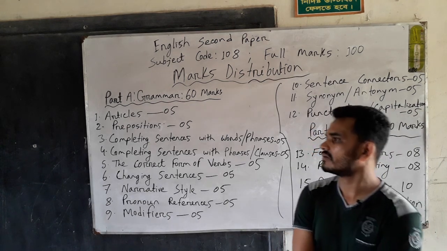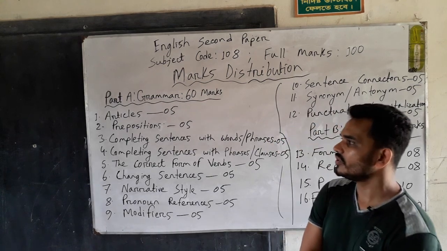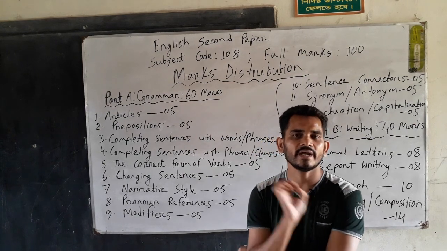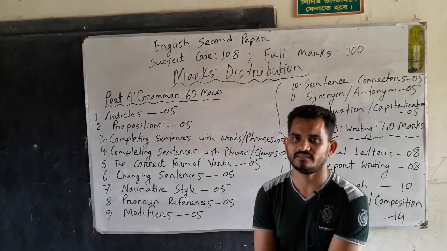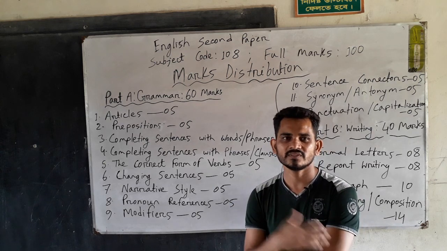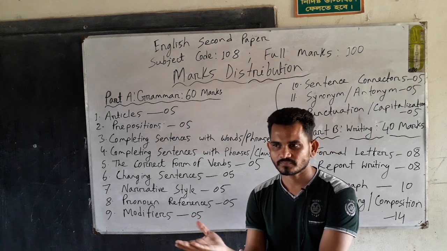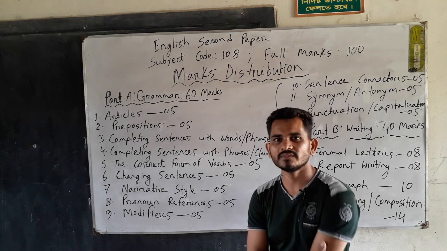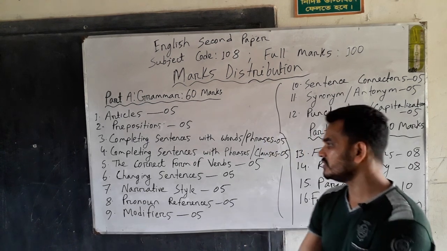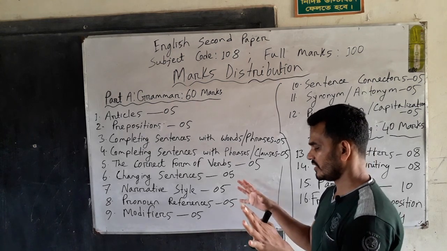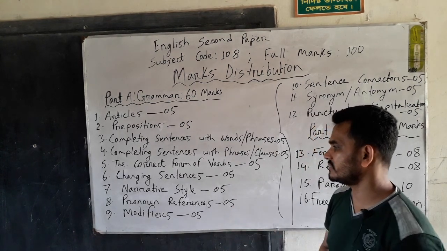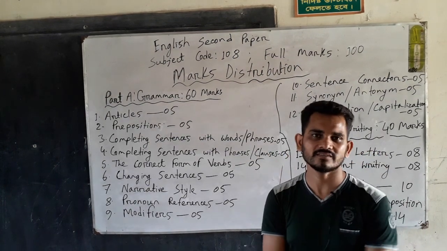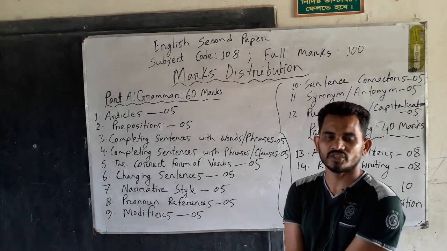Then in question number 9, you will have 10 gaps. For each gap, you will have to use modifiers, sometimes adjective, sometimes participle, sometimes determiners, sometimes possessive, sometimes noun, sometimes intensifier, adverb. You will have to use these for filling the gaps in question number 9, and the rules will be given in my next classes for you, inshallah.